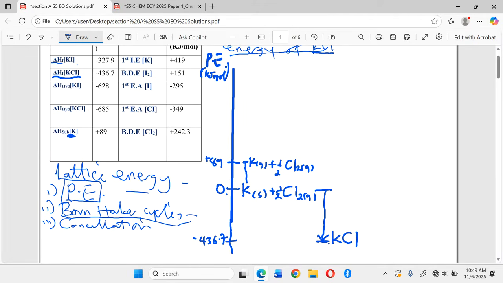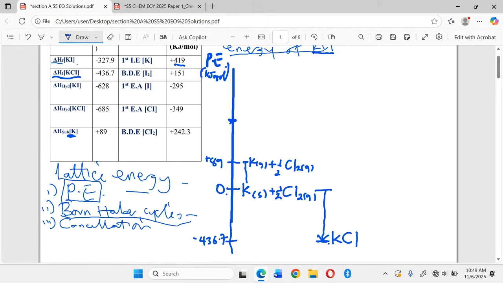Then there is something we know about potassium still, the ionization energy. The first ionization energy of potassium is positive 419. You recall we have reached 89, so we're going to get 419 plus 89, and we get the final value where our product forms when first ionization takes place on the gaseous atom of potassium.